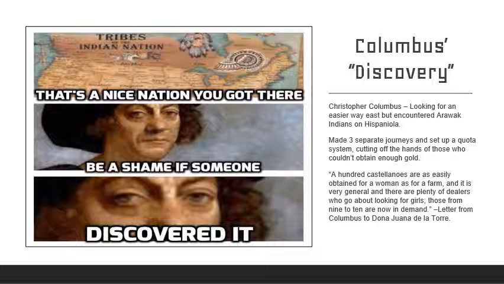Europeans thought of them as uncivilized, and so we didn't really pay them any attention. Otherwise, we probably would have known what was going on. So the Columbus that you have likely been taught about in your K through 12 education is a little bit different than Columbus, the actual dude.